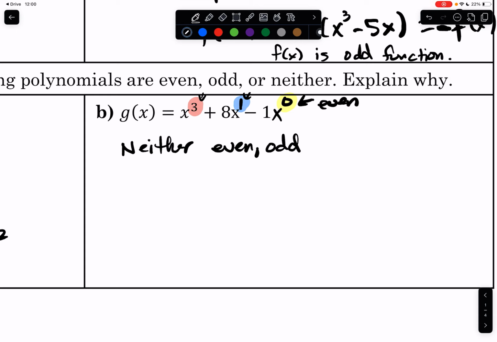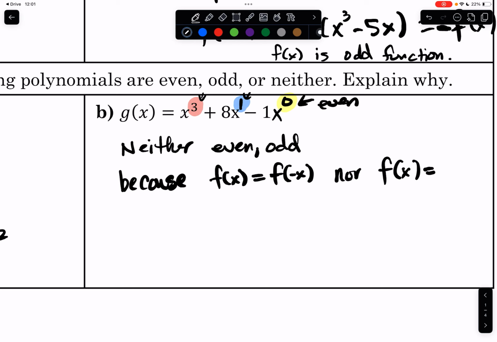So let's prove it, okay? Now, why is it neither? The explanation would be simply because f of x doesn't equal f of negative x, okay? Nor will f of x equal the opposite of this original function, okay?